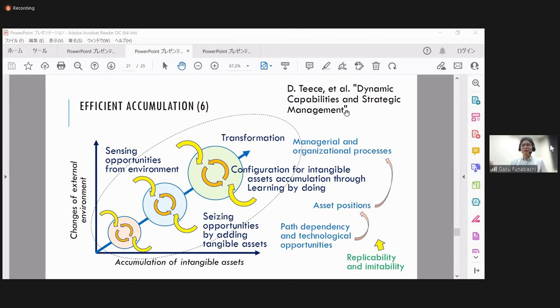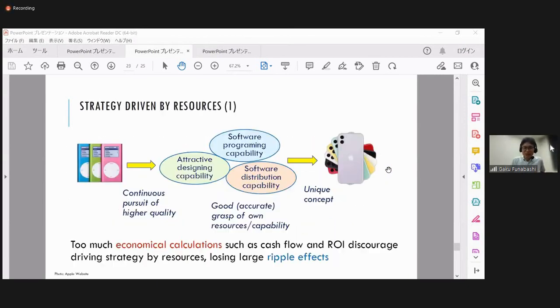And in many cases, you need to invest in the facilities, production processes, and so on. 3, through the operation, staffs learn and get more knowledge, intangible assets, I mean other knowledge for the future. These 3 are important. That is the dynamic capability.